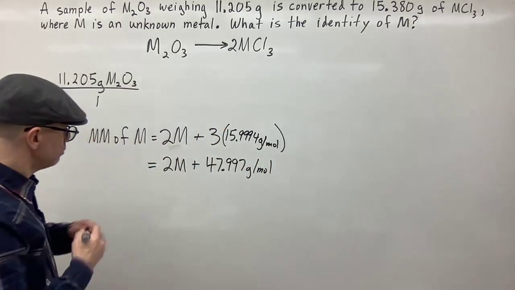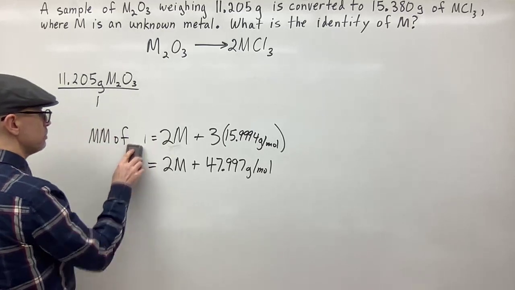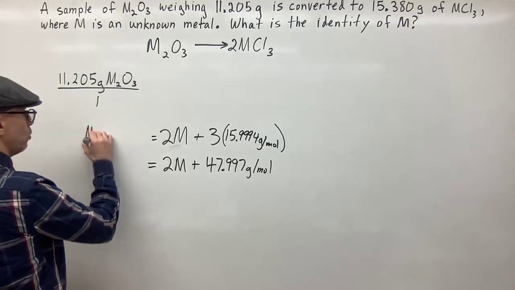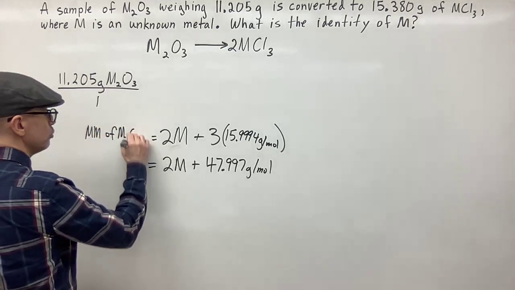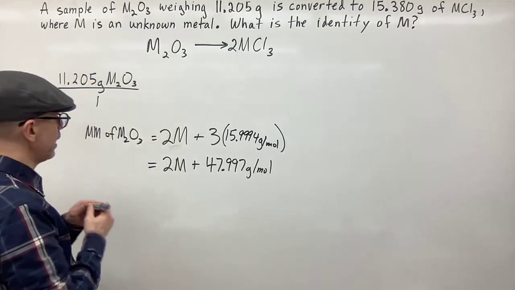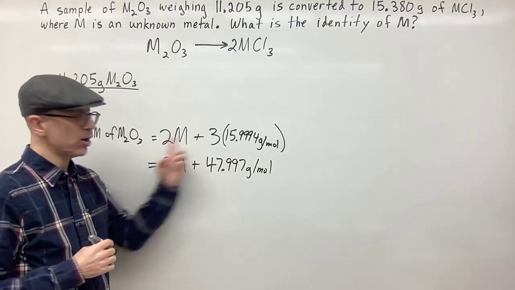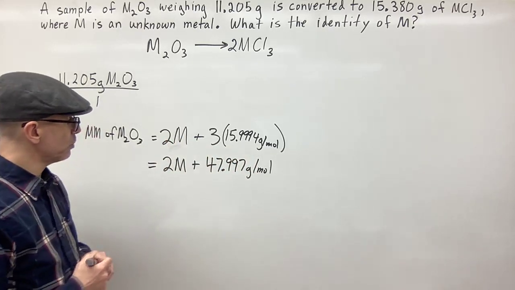So now this is not the molar mass of M. This is the molar mass of M2O3. So now that I have the molar mass of M2O3, I can use this as part of my conversion factor in terms of the number of grams per mole.